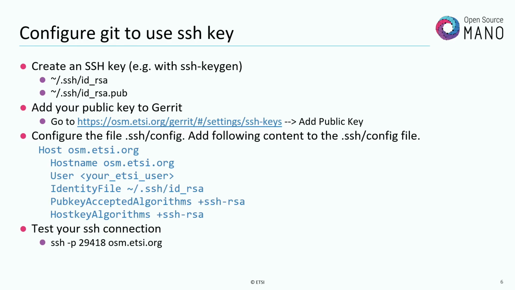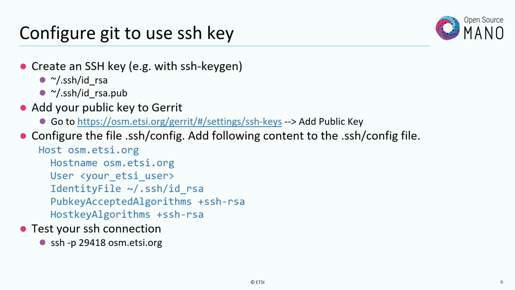Later, we need to configure a config file, which is under .ssh, config. We need to write those contents by replacing the user in here. Your Atici user should be your own user.